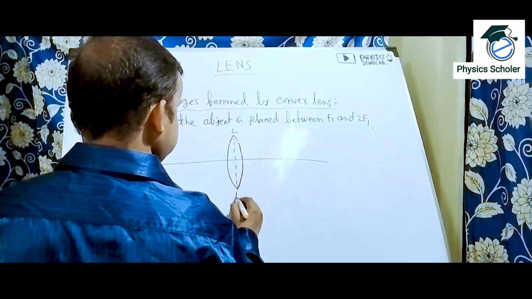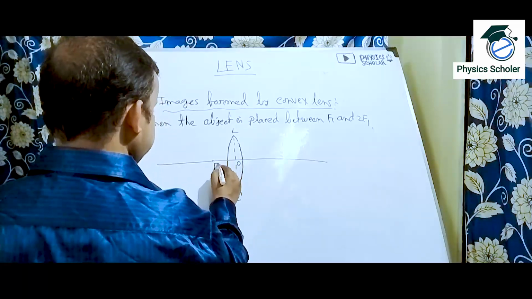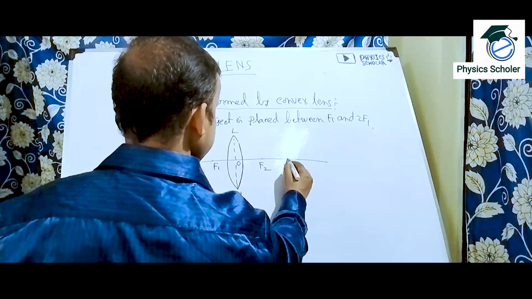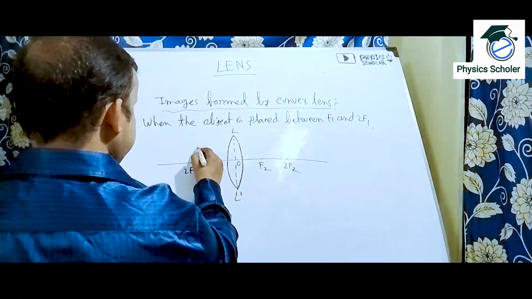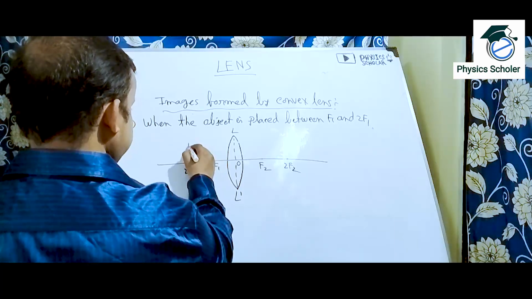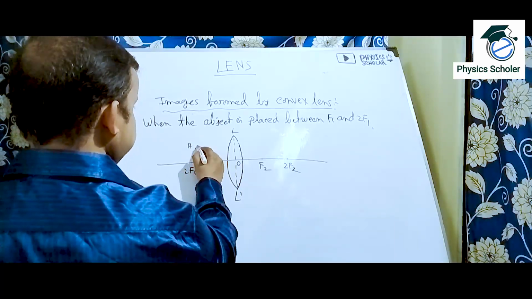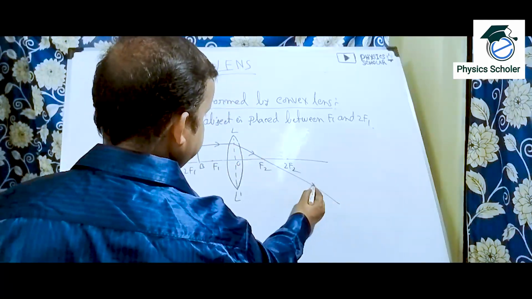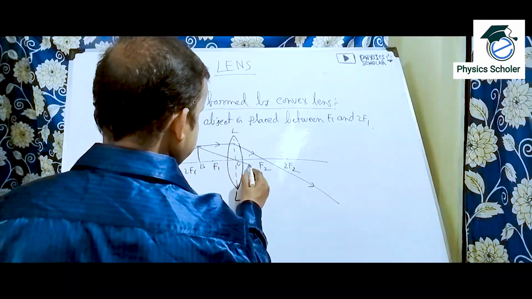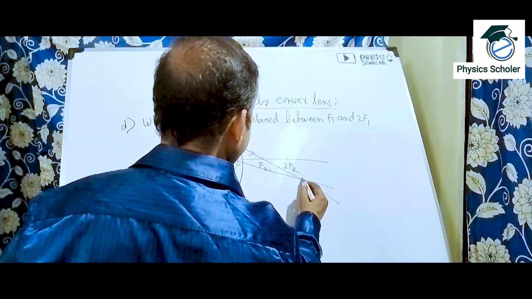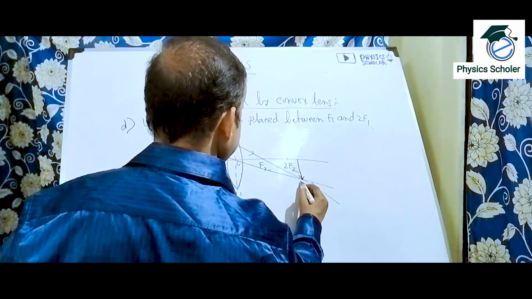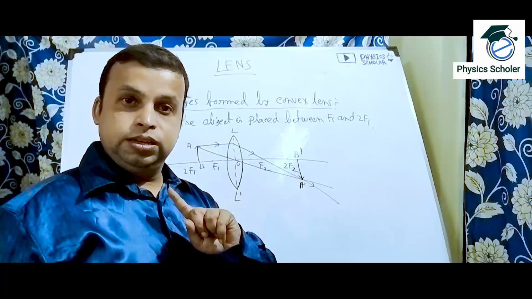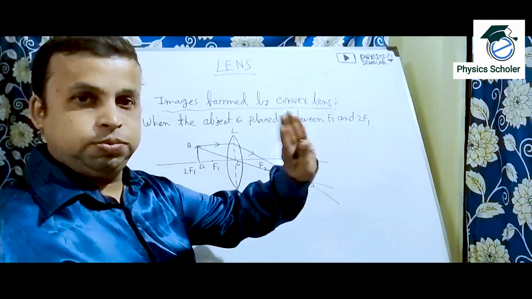Now it is f1, 2f1, f2, 2f2. Here the object is placed. Now the parallel ray will move through the principal focus. The other ray will move like this. So they will meet here. If we draw the perpendicular, A dash B dash will be the image that will be formed on the other side of the lens.